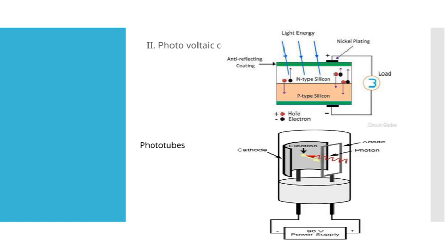Now, let's turn our attention to phototubes and the fascinating world of photovoltaic cells. Phototubes are devices that convert light directly into electrical signals, which makes them incredibly useful in various applications like optical communication and light detection. Moving on to photovoltaic cells, or solar cells, these are specifically designed to harness sunlight and turn it into usable electrical energy. The key point here is that they operate based on the photoelectric effect, where light photons excite electrons, creating an electric current.